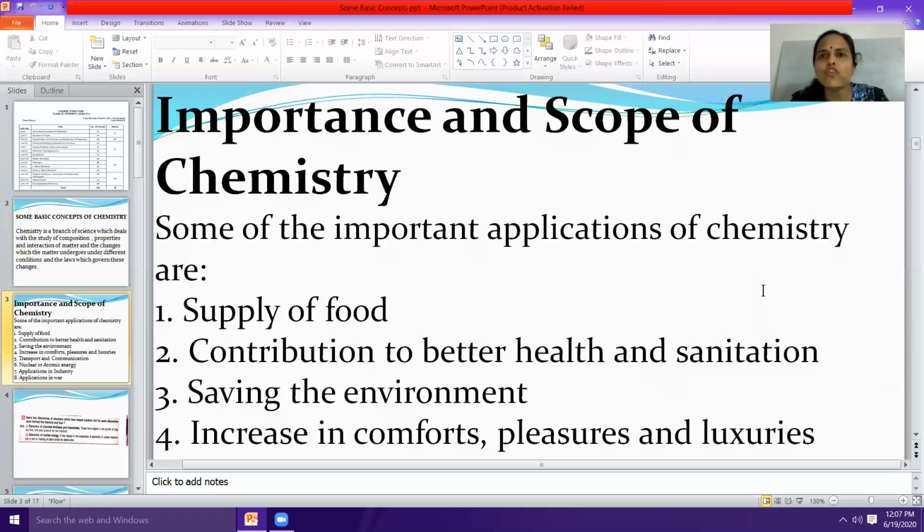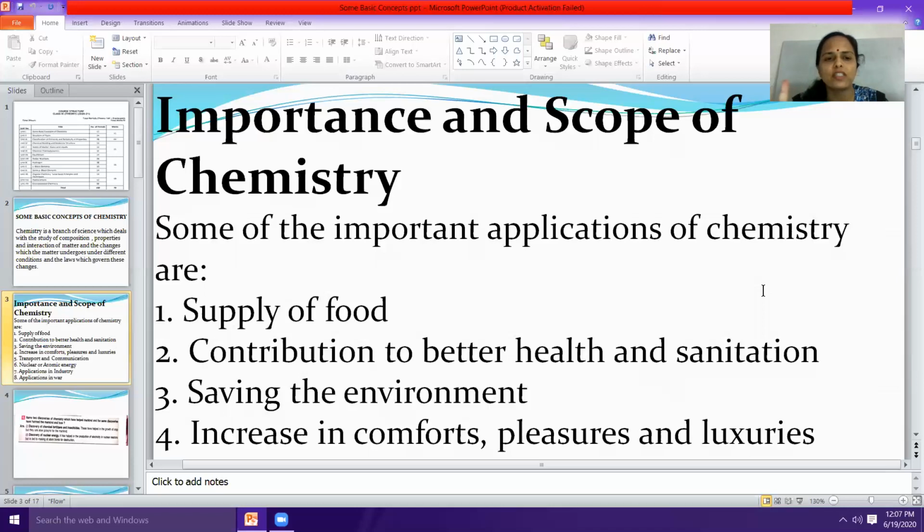Also, the use of preservatives. They have helped to preserve food products like jam, butter, etc. So this is the application in the supply of food.